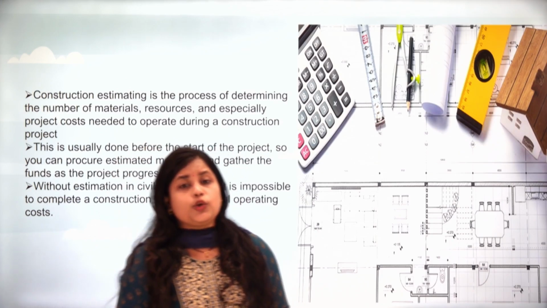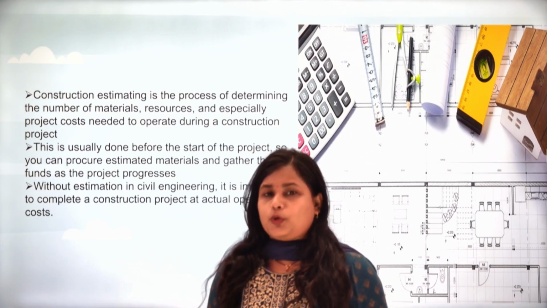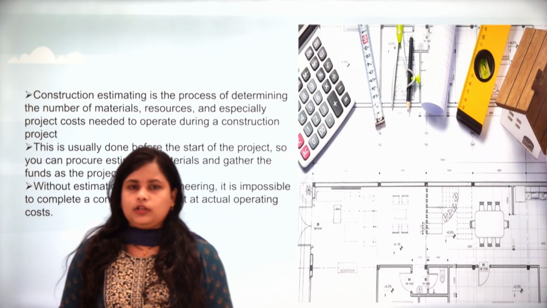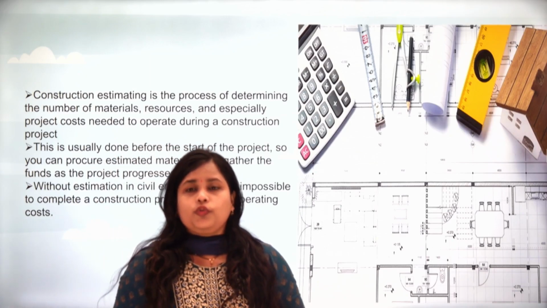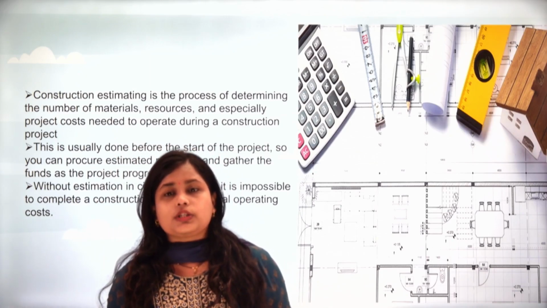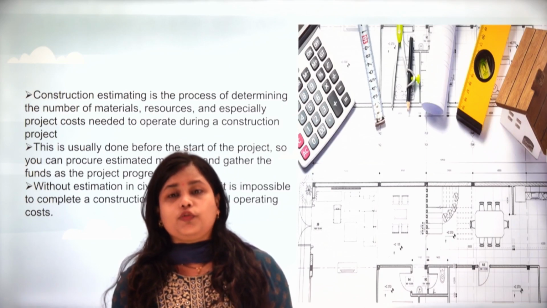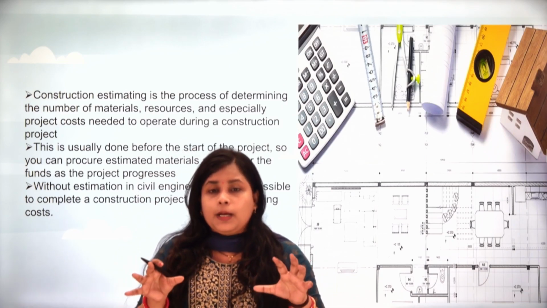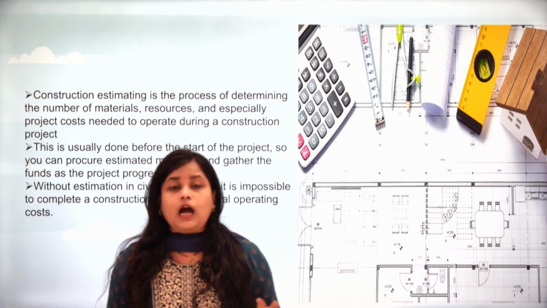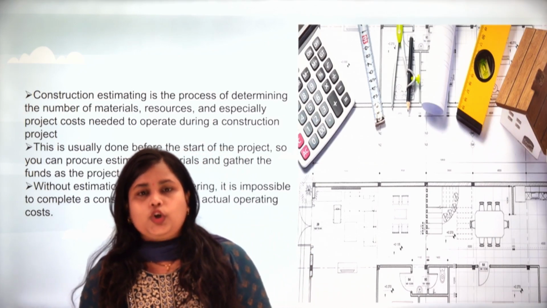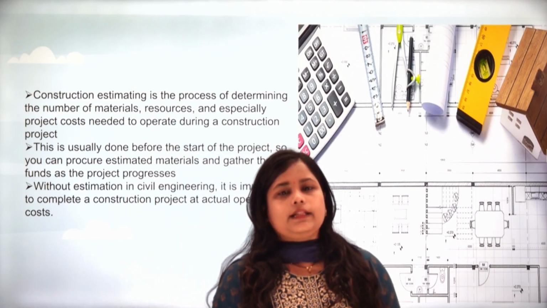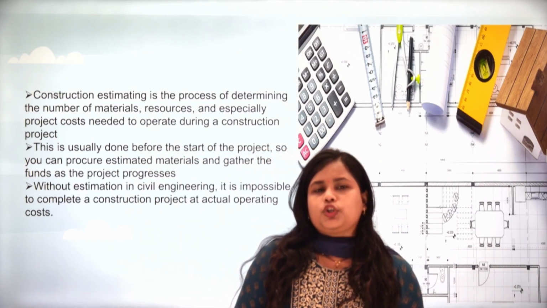This is usually done before the start of the project, otherwise we will all get confused about how to do the work without planning, without giving any map or any estimate. So you can procure estimated materials and gather the funds as the project progresses.